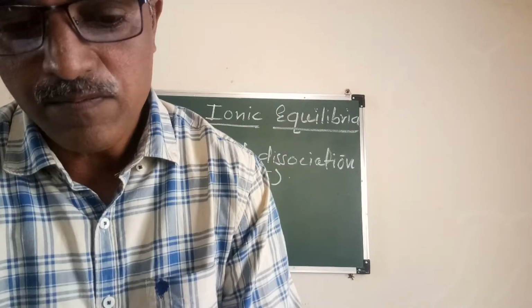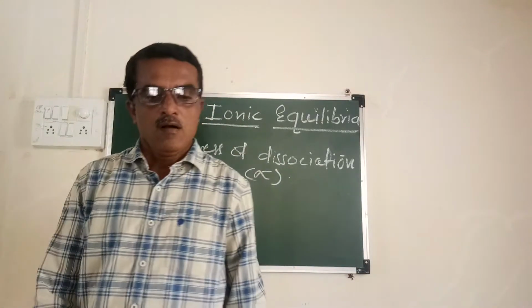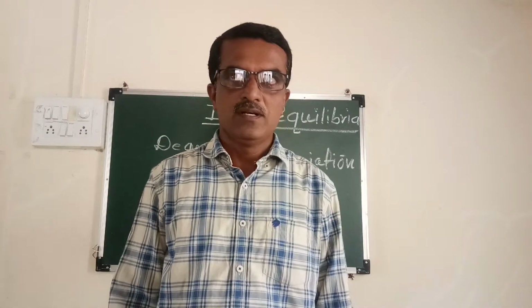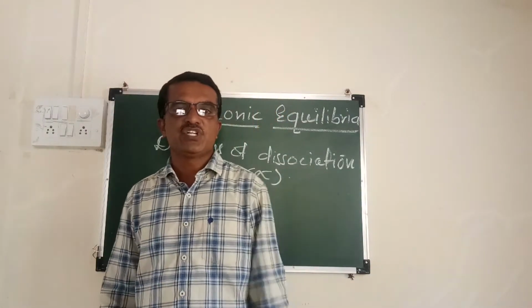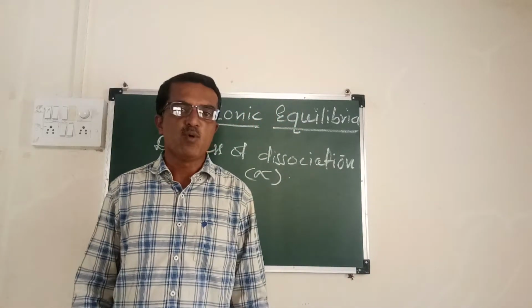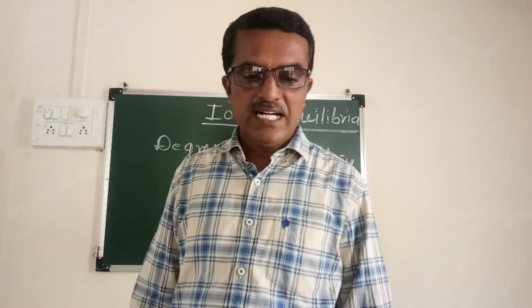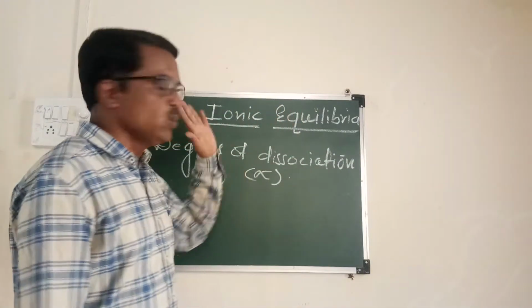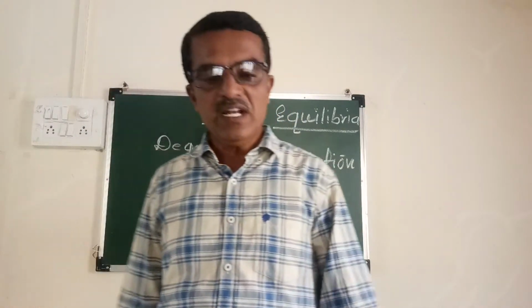The degree of dissociation of an electrolyte is defined as the fraction of total number of moles of electrolyte that dissociates into ions when dissolved in water.